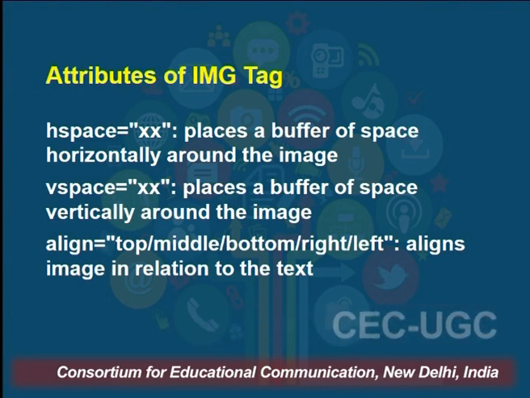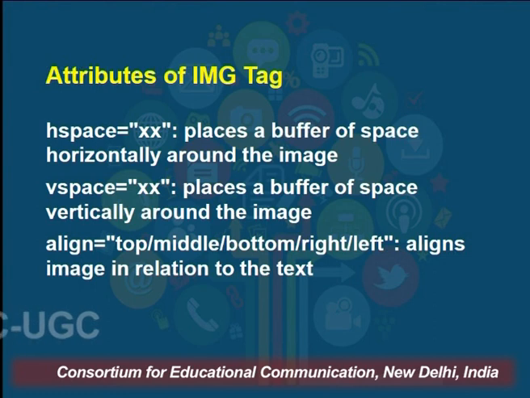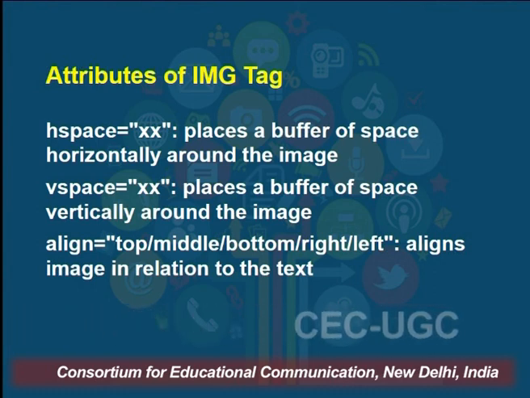This top, bottom and middle will align your image with relation to the text, because there is some text which is following the image, right. Now you want the text to appear at the top of the image, or at the bottom of the image, or at the middle of the image.